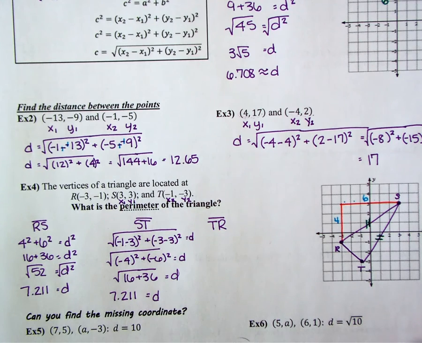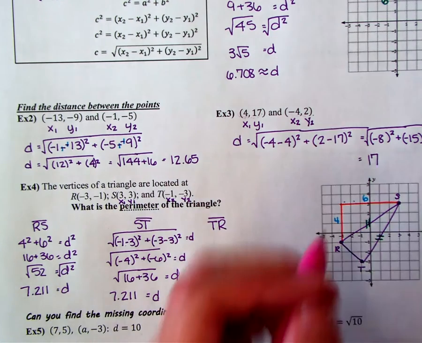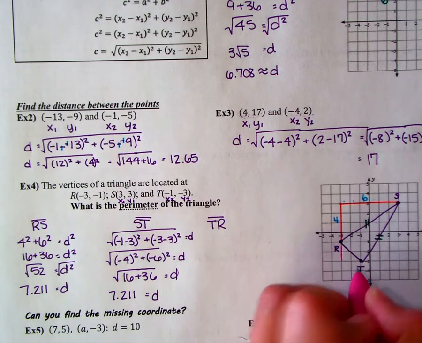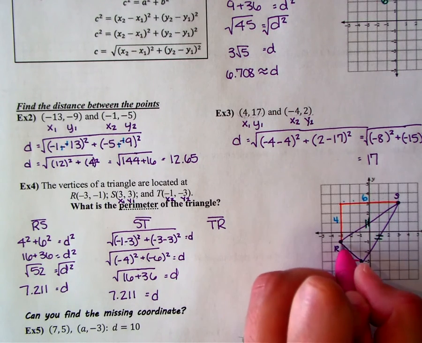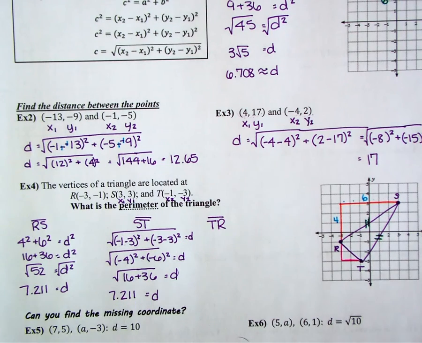So go ahead and find TR by yourself. You can use Pythagorean theorem or you can use the distance formula, whatever you choose. So go ahead and pause the video. Find it.